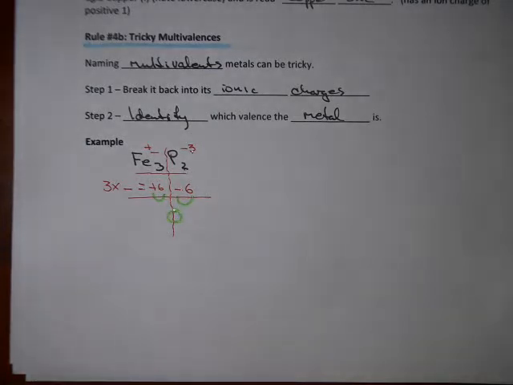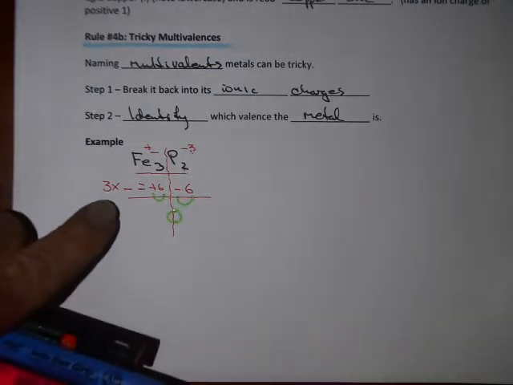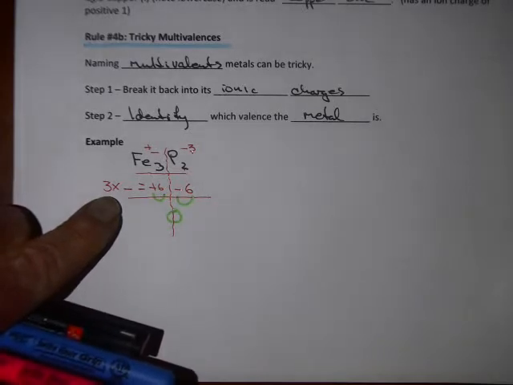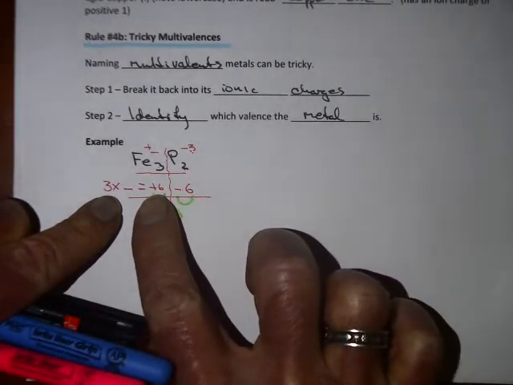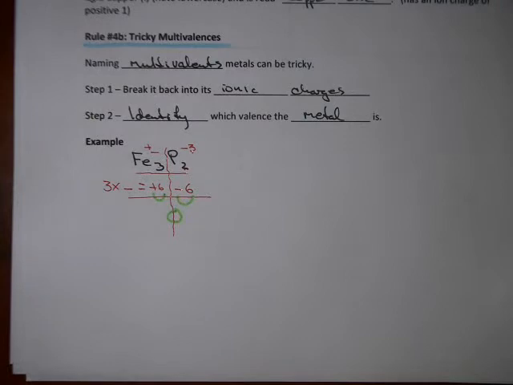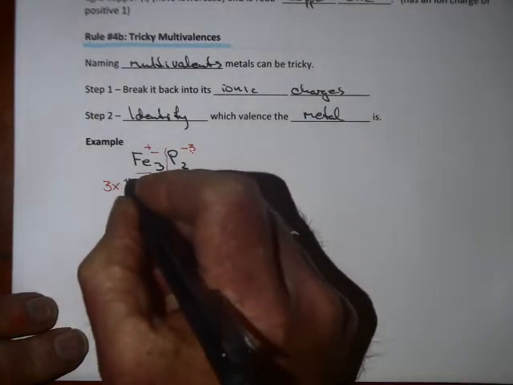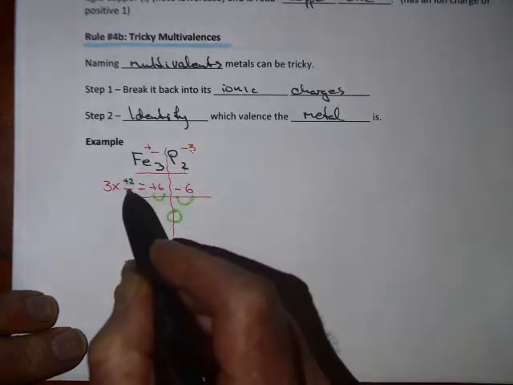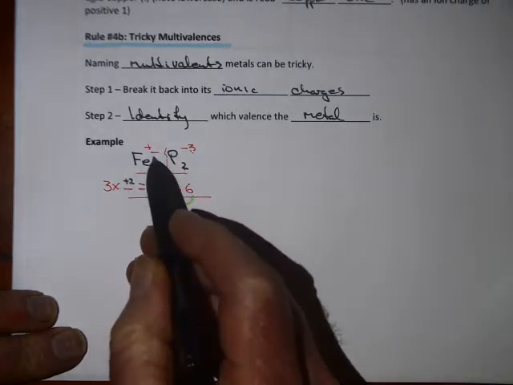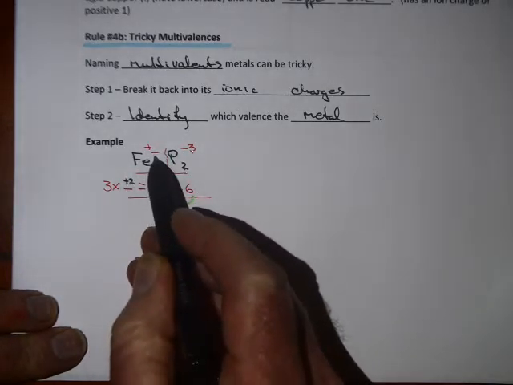Okay? So what number, when multiplied by 3, gives you +6? +2, of course. So this means that the charge here is +2.